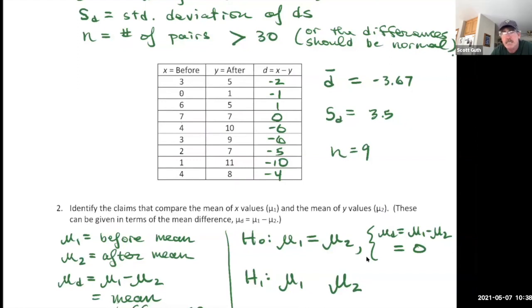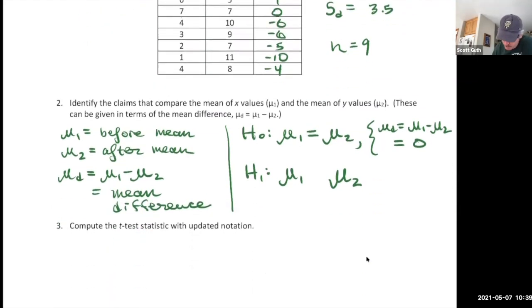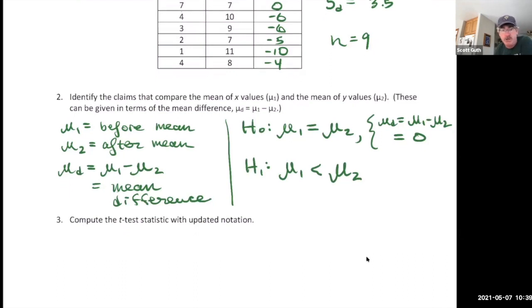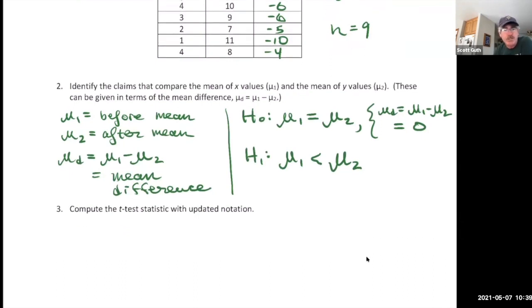So should it be less than, greater than, if the treatment works? Would it be less than? Yes. We would hope that before they go on Prozac, the mean after is greater, which would be the mean before is less. That would mean the treatment works. Okay, any questions?